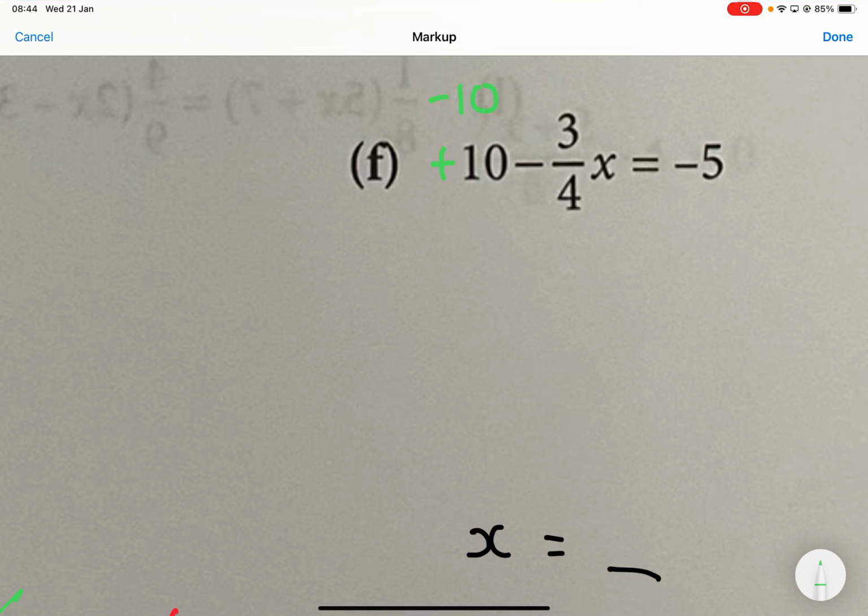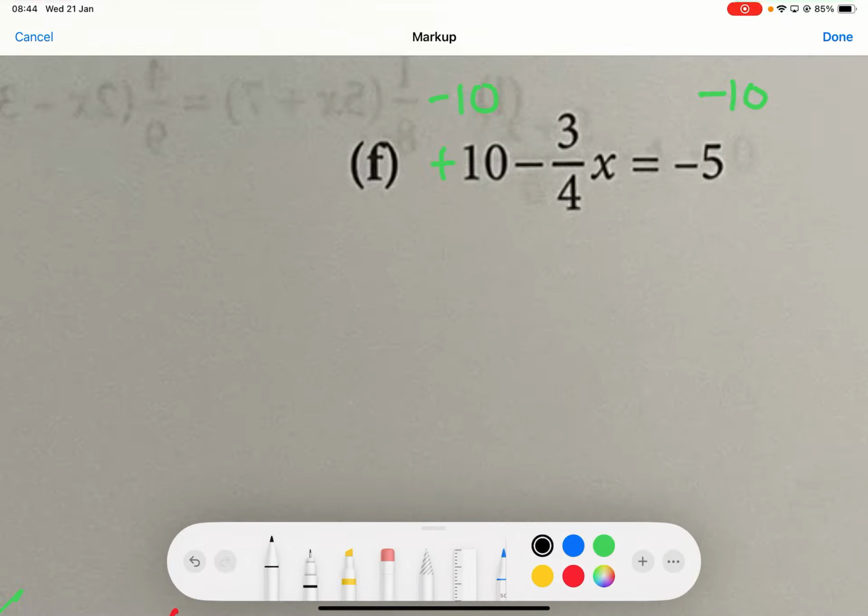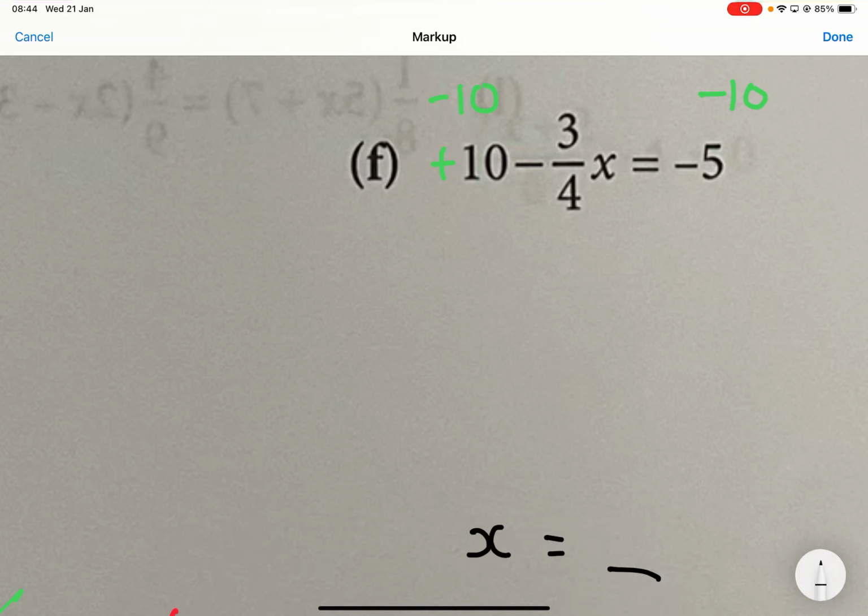Then it will disappear. Okay? So I need to do the same thing on the right. Then the 10 will disappear. I am left with negative 3/4 x on the left. Then the plus 10 come over here, become minus 10.